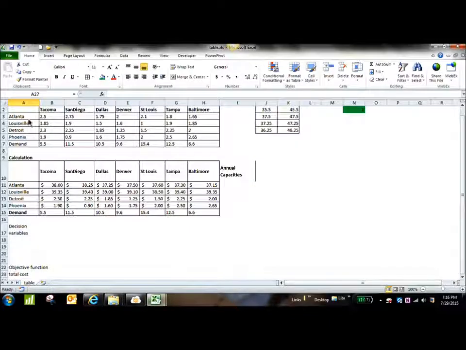In our case here, this is the initial data. We just had to do pre-calculation prior to setting up the decision variables and the objective function.